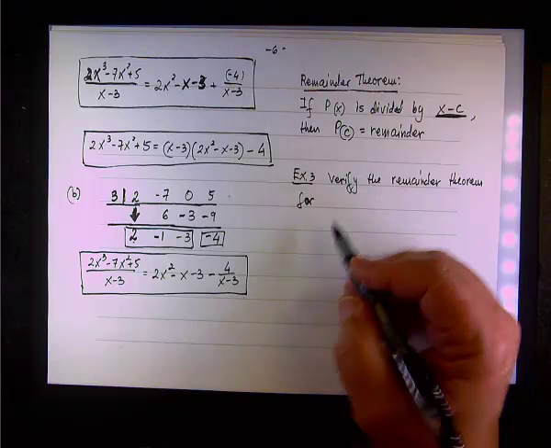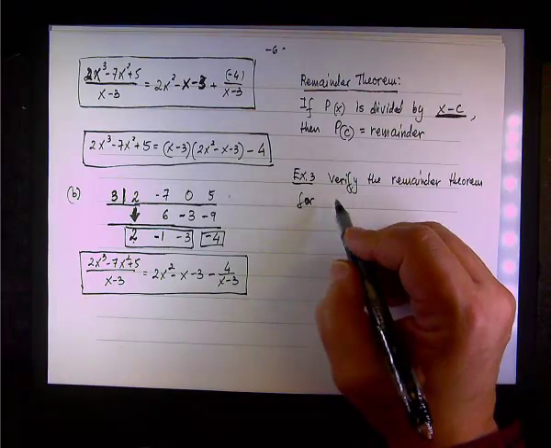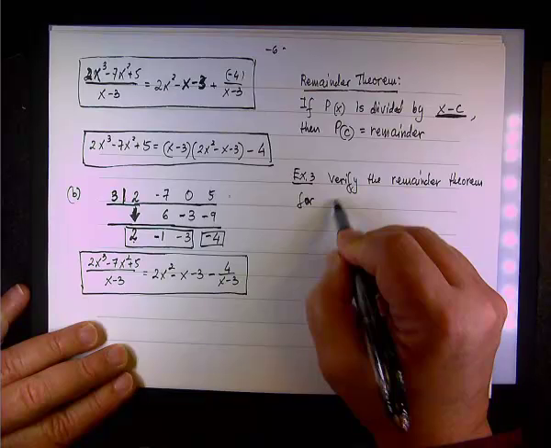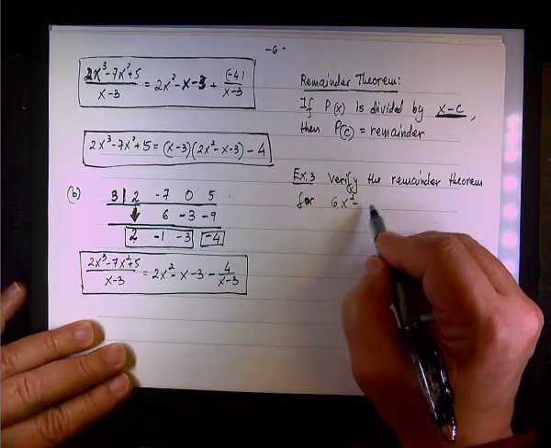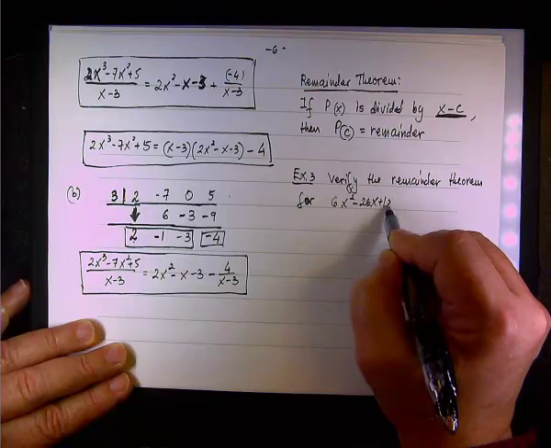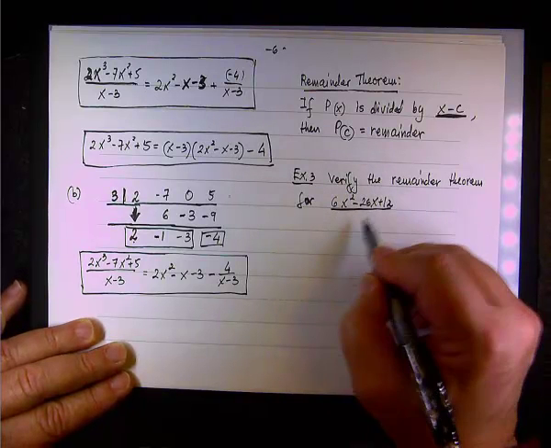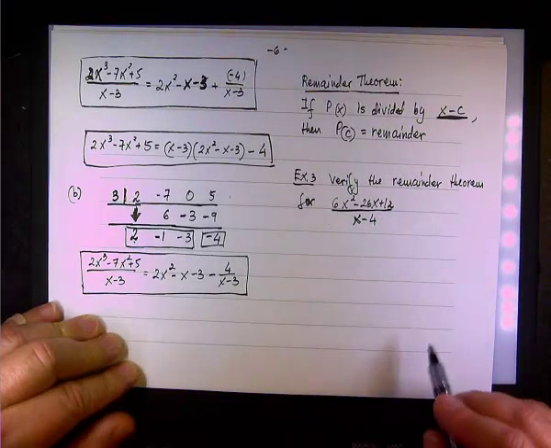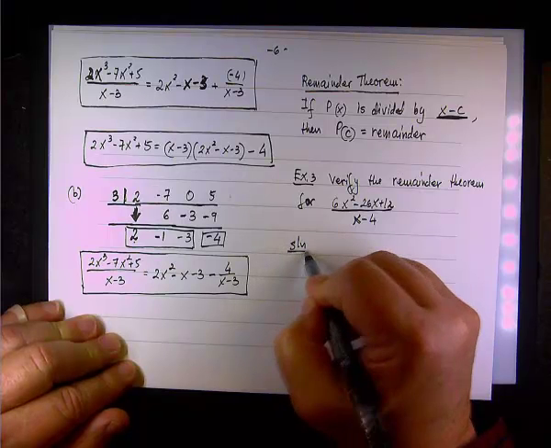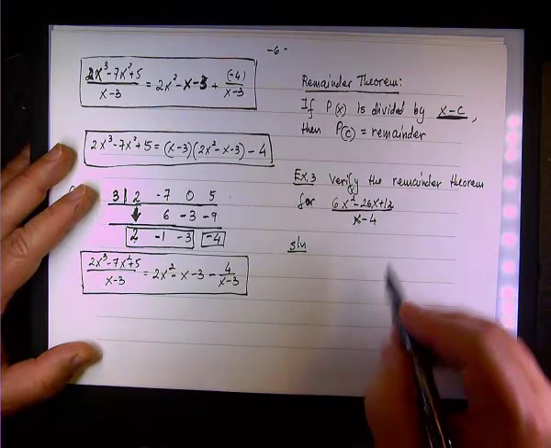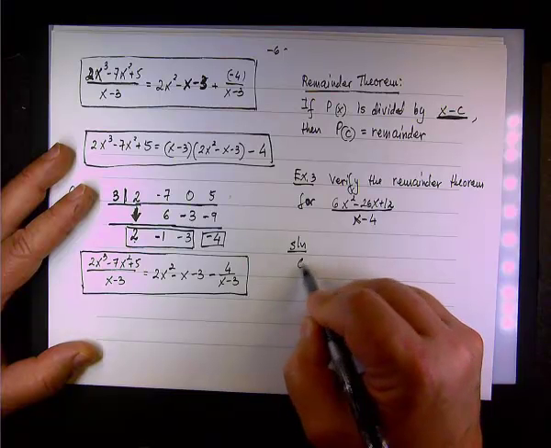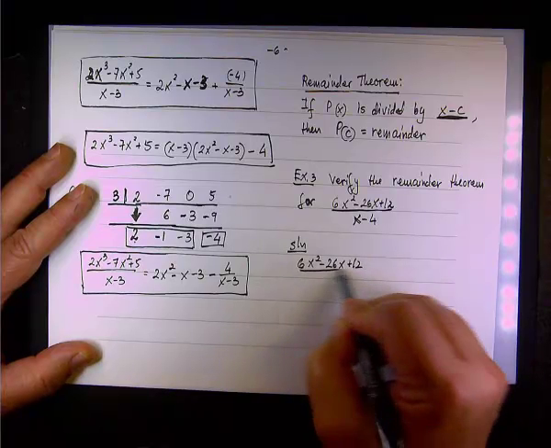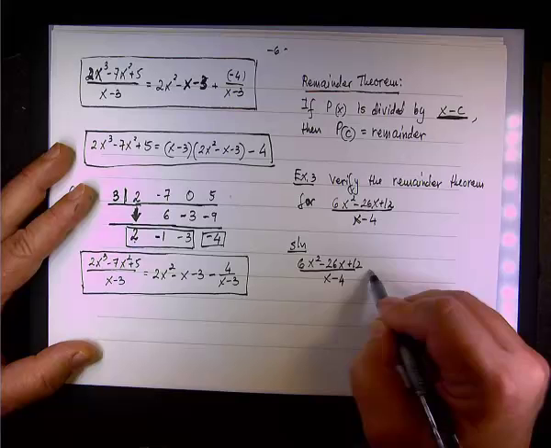By the way, am I missing one example here? Yeah, I'm missing one example. So, what was the previous example? The previous example was 6x squared minus 26x plus 12 divided by x minus 4, right?